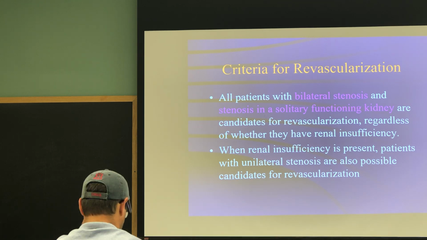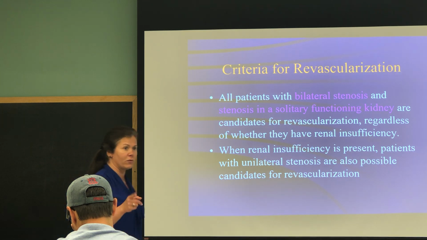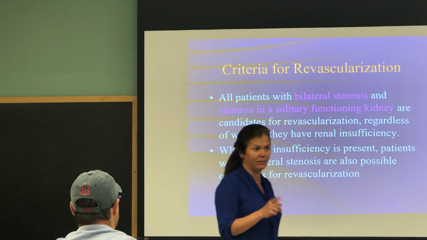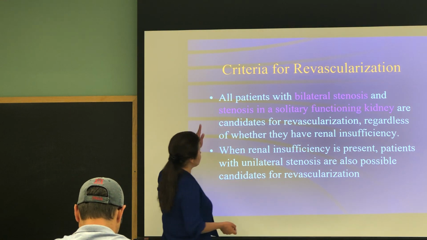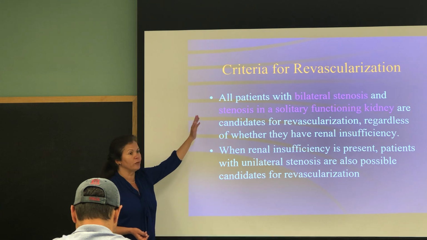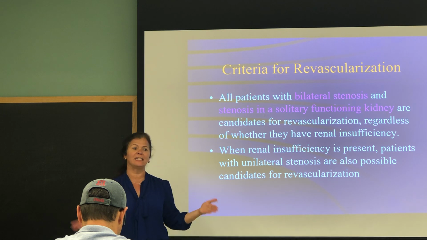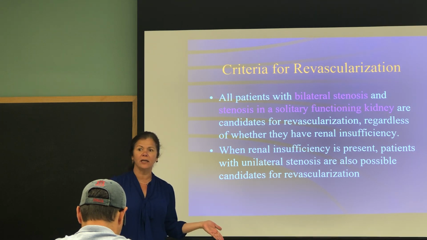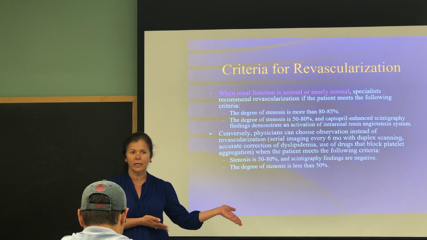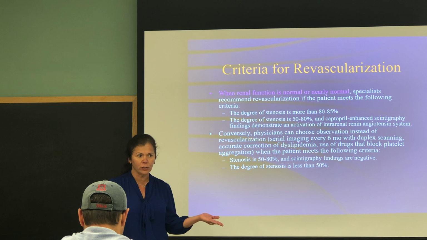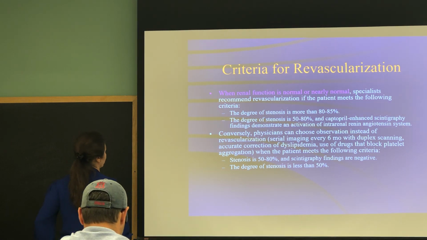All right? And what is the criteria for revascularization? One of the criteria for revascularization is when you have, again, more than 70% stenosis of one of the renal arteries, but the practitioners tend to intervene more when you have bilateral renal artery stenosis, of course, because you still have with one, if you have less than 70% stenosis of one kidney, you have 60, 50, 55, 40, you still have one normal kidney that even though it's hyperfunctioning and trying to auto-regulate, still has a normal GFR and urinary function, okay?